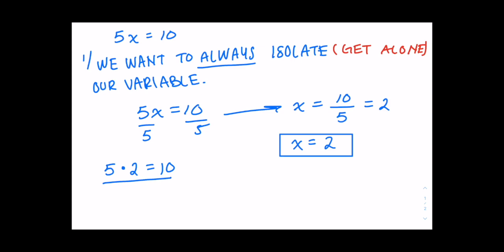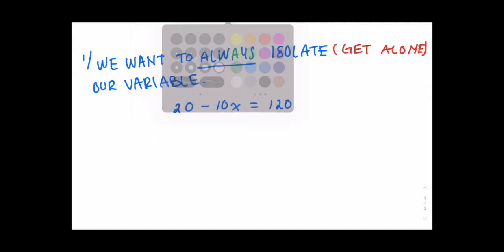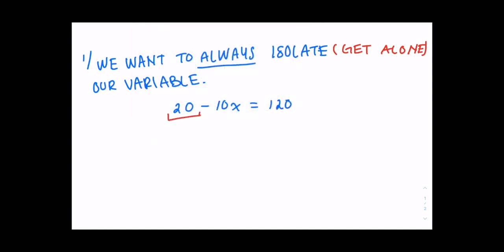Let's look at another example. 20 minus 10x equals 120. Now we have more steps involved when we want to isolate our x. We have an addition and subtraction part right here, and then we have our multiplication part right here.